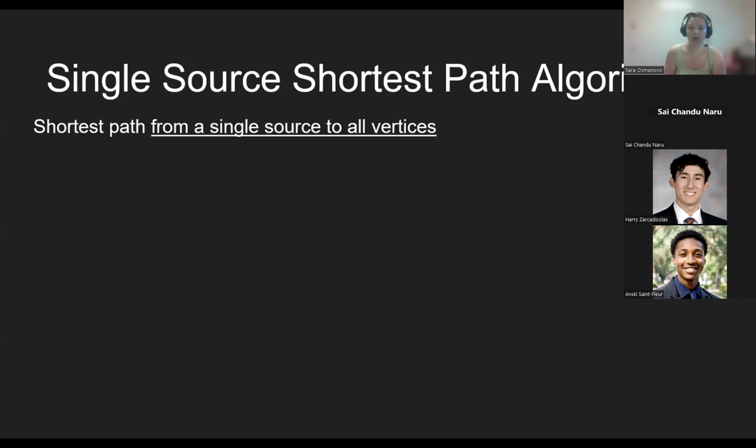The ones that we're going to cover, such as Dijkstra and Bellman-Ford, are the single source shortest path algorithms, which means that they're looking for a shortest path originating from a single vertex, and it visits all the other vertices.